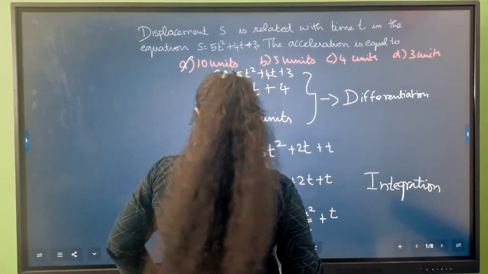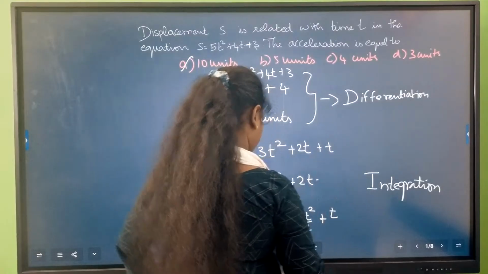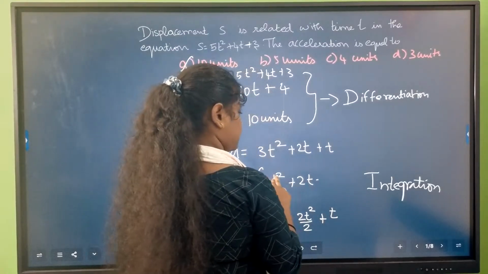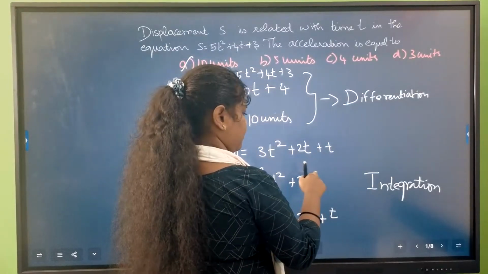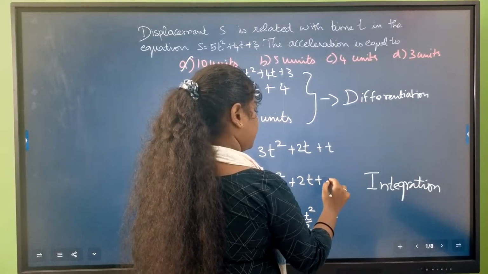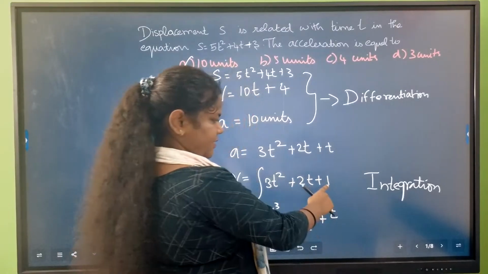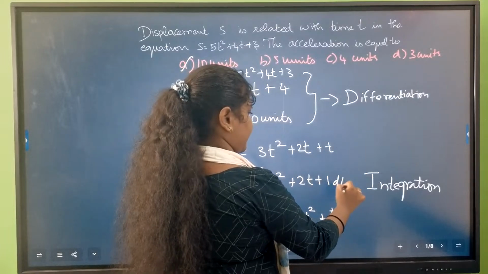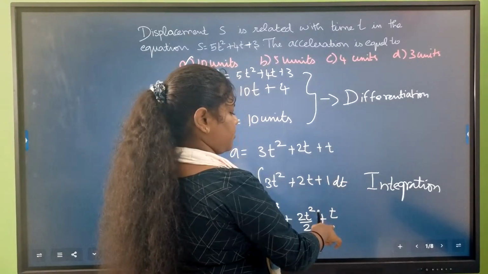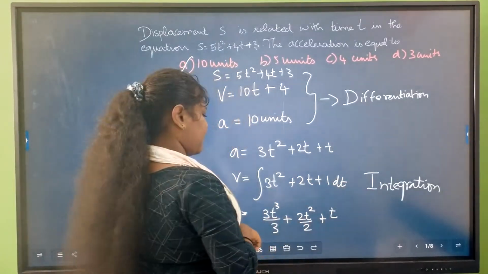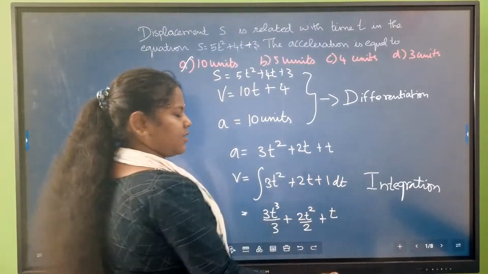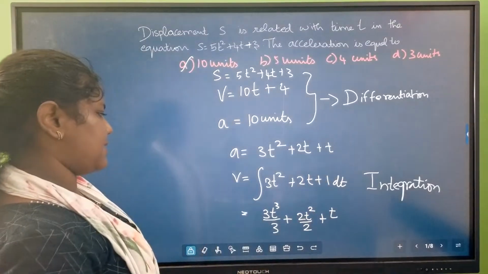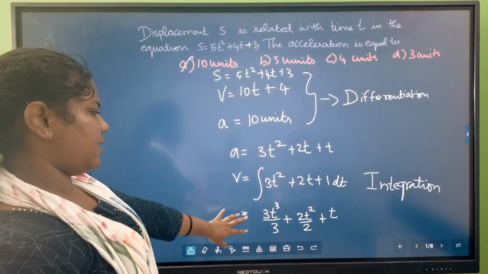I will write this as 1 because it is a power 0 term. If you integrate this 1 with respect to dt, you will get t. If it is 2, you will get 2t. Yes, so this will be your integrated part.